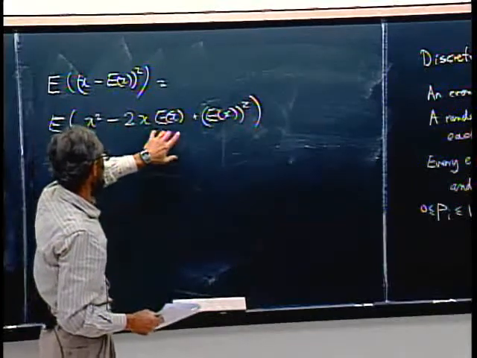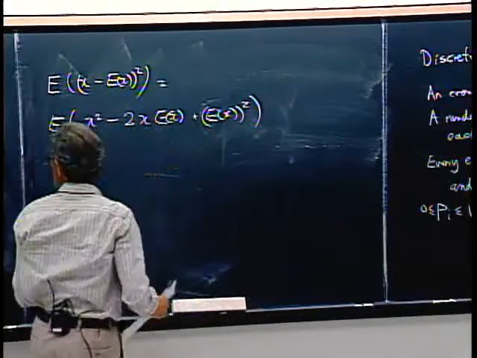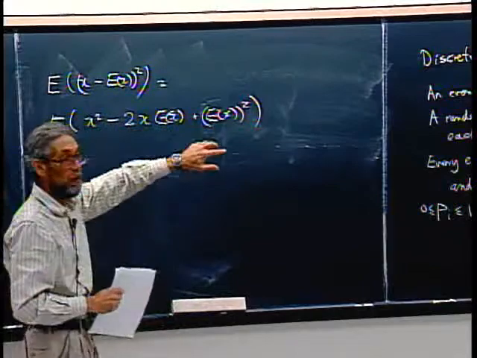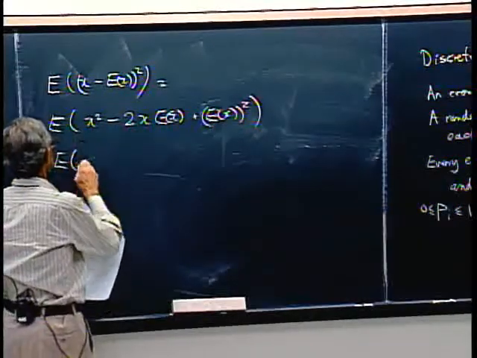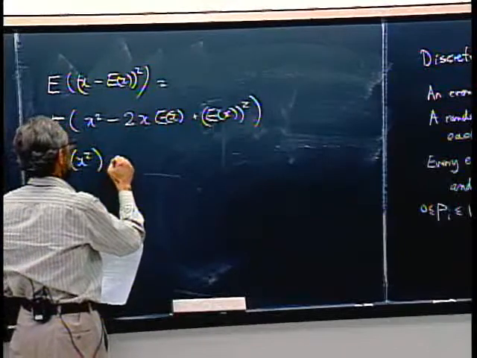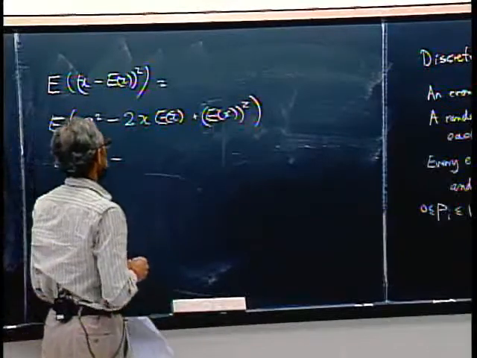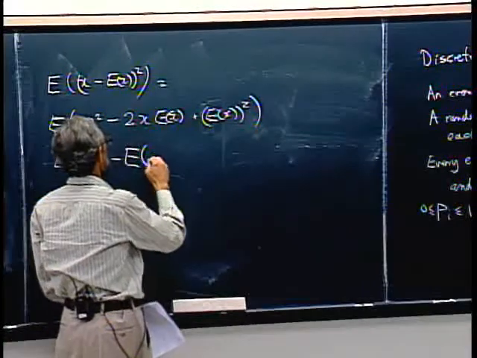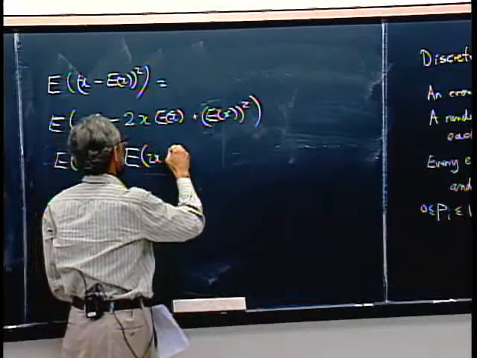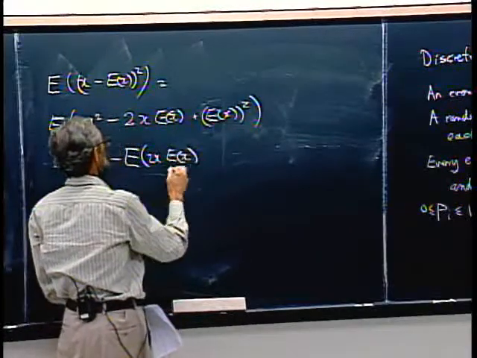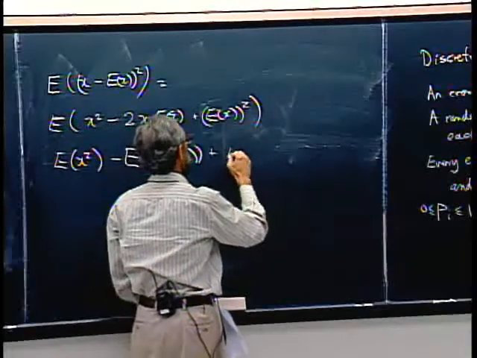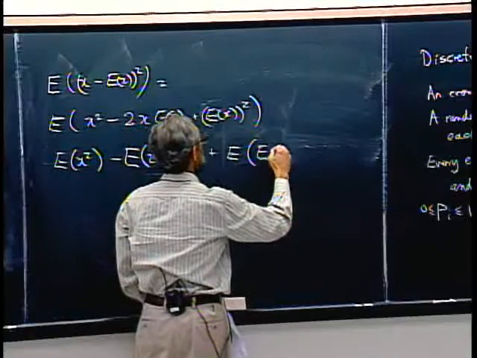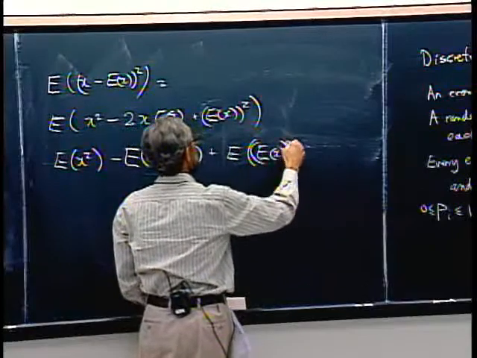Okay, so now because of this rule, I can say it's the sum of these three things. So that means it's the expectation of x squared, minus the expectation of 2x E of x, plus the expectation of this constant E of x squared.